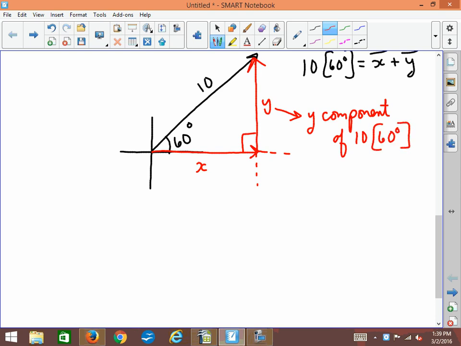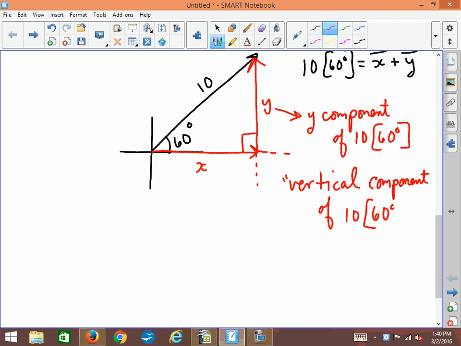The y component. Or another way of saying that is the vertical component. Component just means the part. The vertical component of the vector of 10 at 60 degrees.